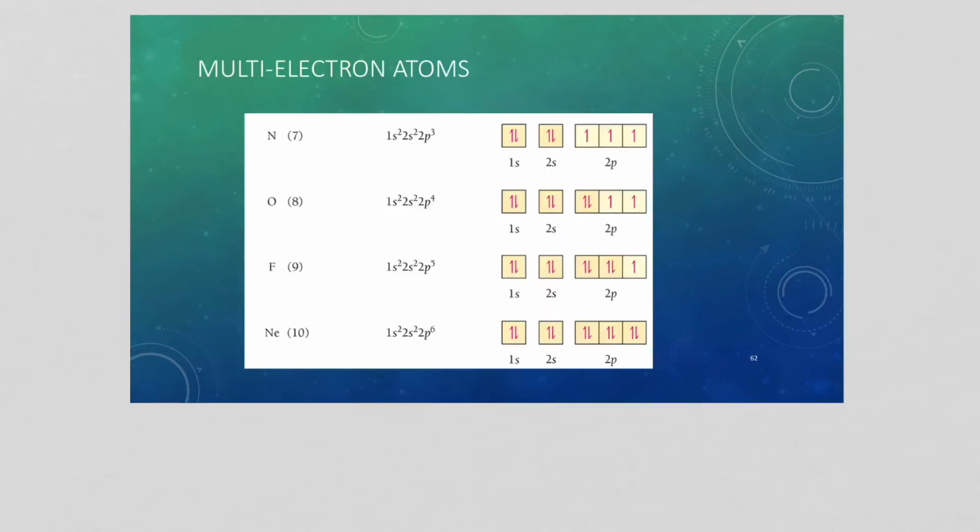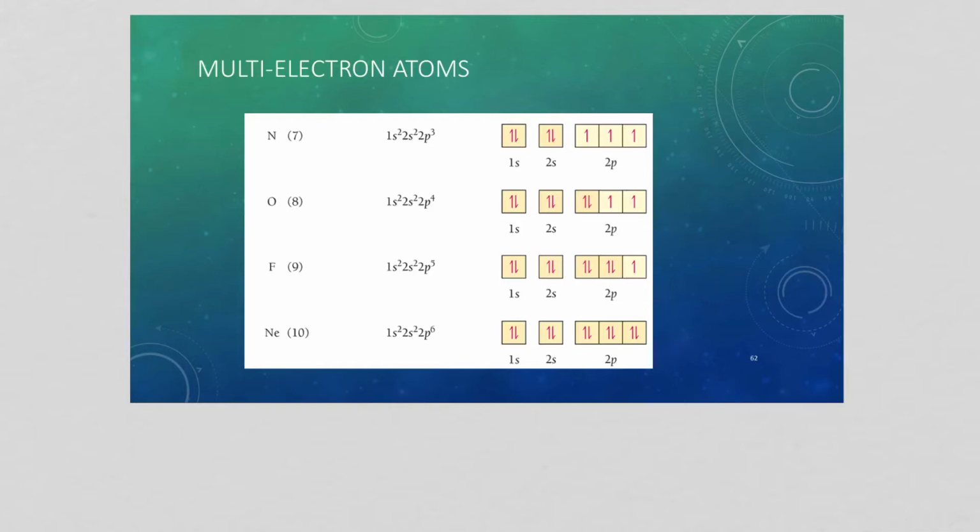So if we continue this trend and move through the rest of the second period, to elements 7, 8, 9, and 10, we progressively add 1 electron. So the 7 electrons of nitrogen, there'll be 3 in the 2p. Then we'd have 4 in the 2p, and now we'd have to start to pair up.